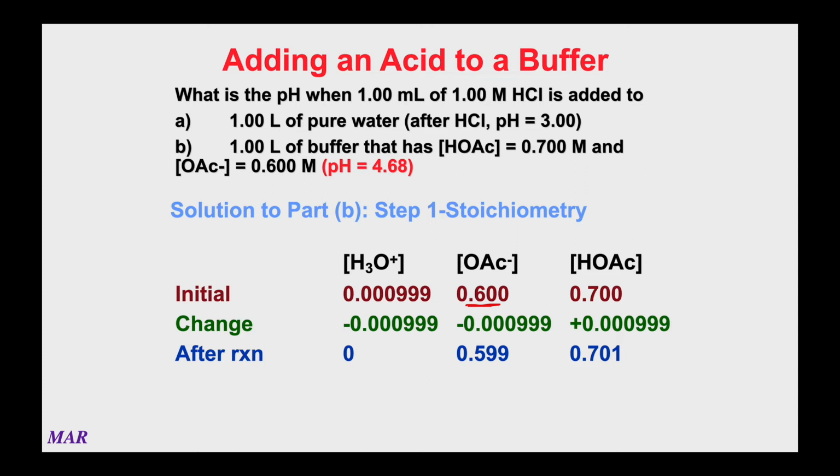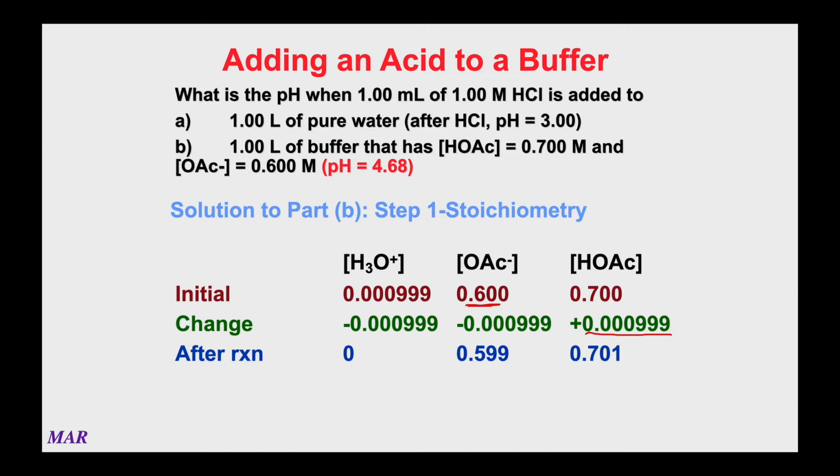But as much as the base went down, the weak acid will go up. So you can see here that the acetic acid actually goes up to 0.701 while the base goes down to 0.599. There's no more strong acid left at this point, and now we have new concentrations of the base and the weak acid that goes along with it.